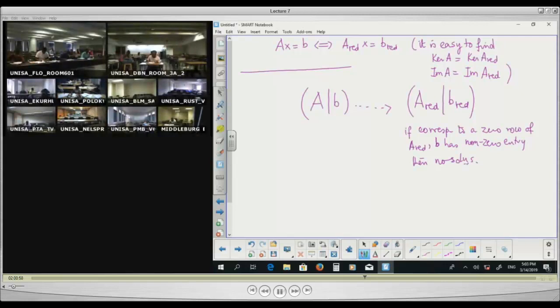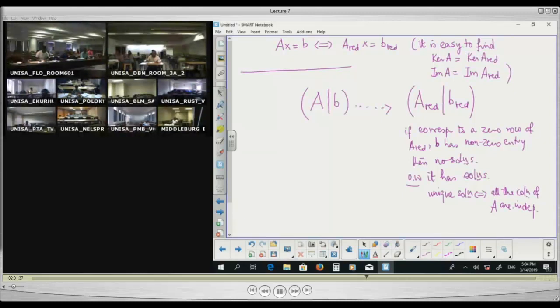And the unique solution is when the rank of A is full, or all the columns of A are independent. Yeah? If those are independent, then it is an injective map, and then if and only if. Okay? Kernel is there. That's the whole algorithm.